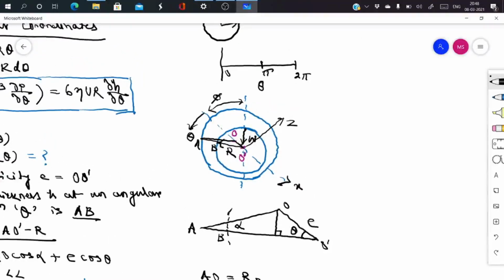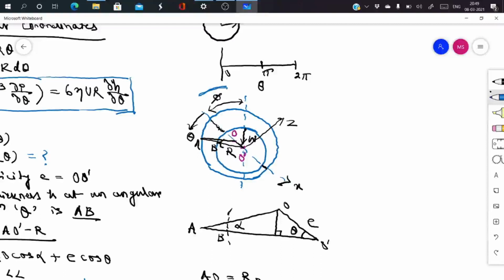This is the minimum gap and this is the maximum gap. We know from the experiment that the journal should be oriented like this. But here what it says is that this phi equal to pi by 2.